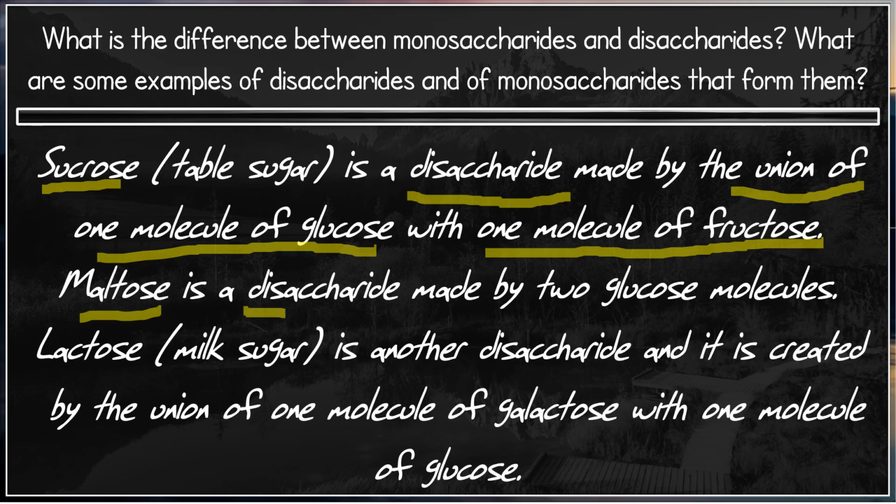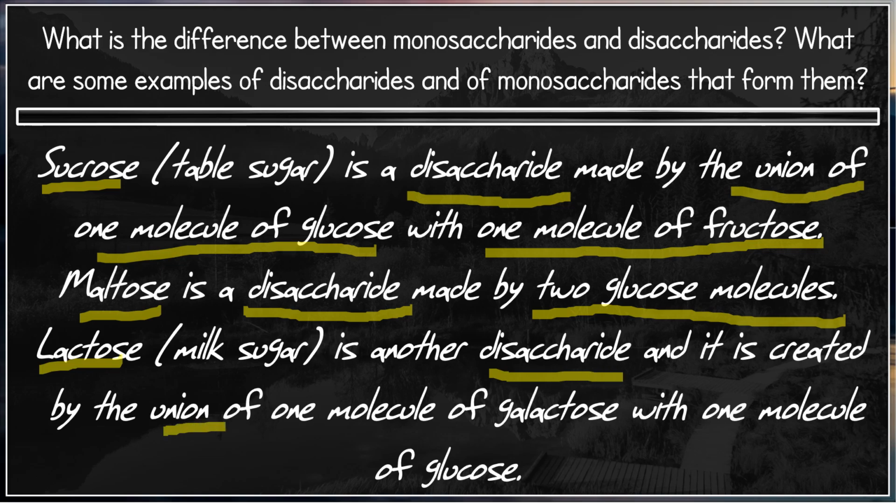Maltose is also a disaccharide, made by two glucose molecules. Lactose, which is a milk sugar, is another disaccharide, created by a union of one molecule of galactose and one molecule of glucose.